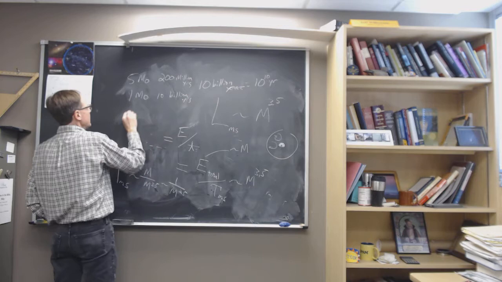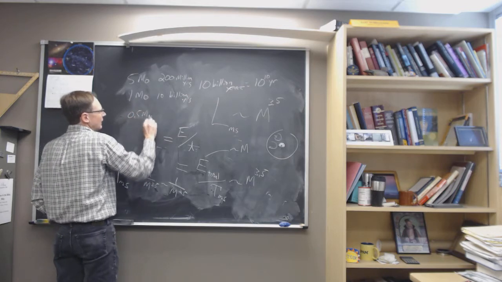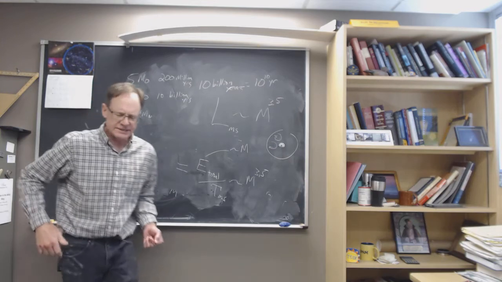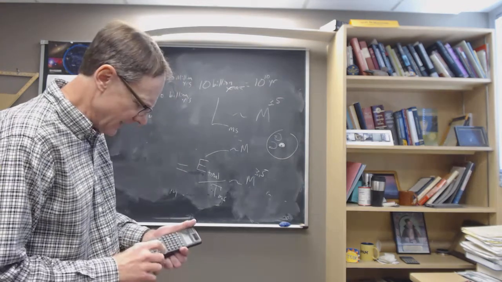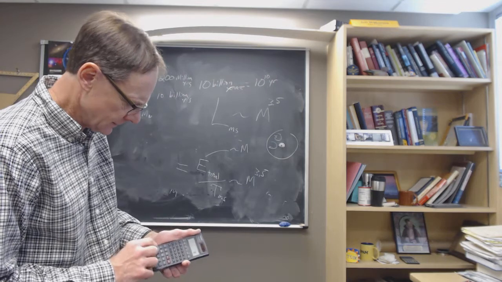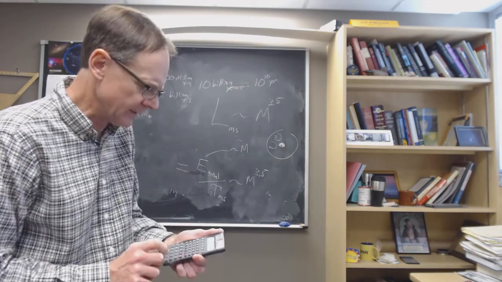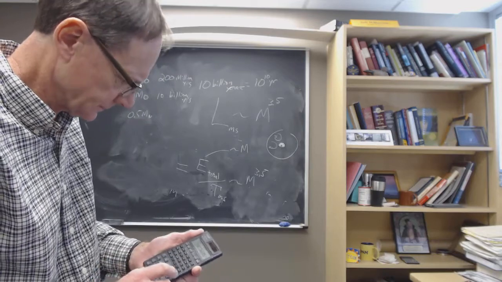And let's do the half solar mass like we did for the pre-main sequence evolution that we worked on and stick that in. And so we've got 0.5 to the 2.5.